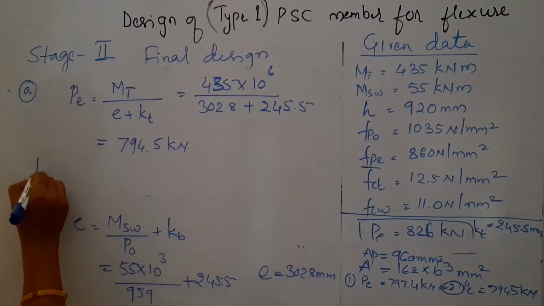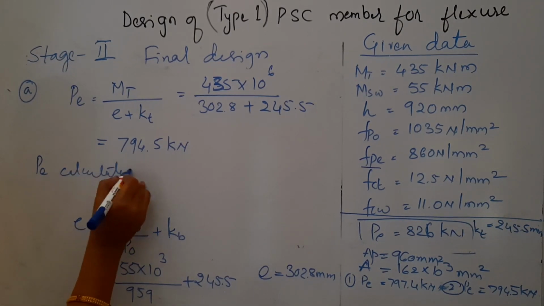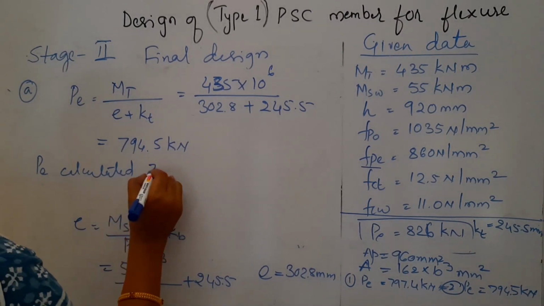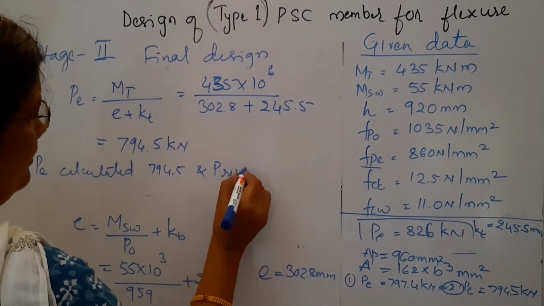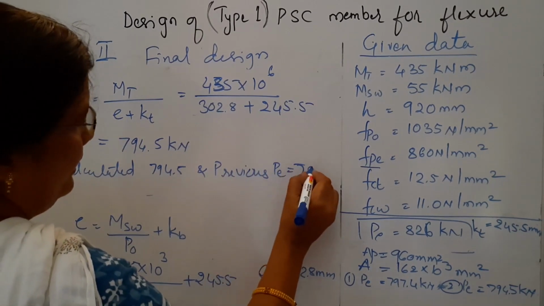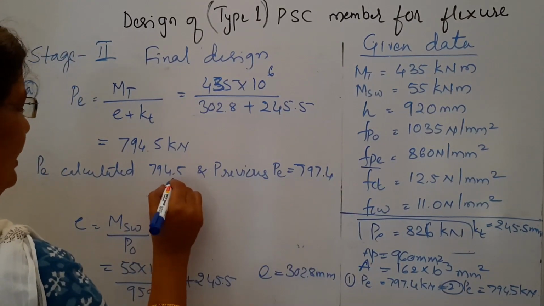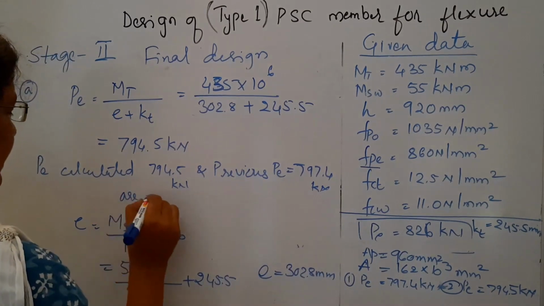Or you can go for one more trial and then we will get the exact values. Calculated 794.5 and previous PE 797.4, these two in kilonewton are approximately equal.